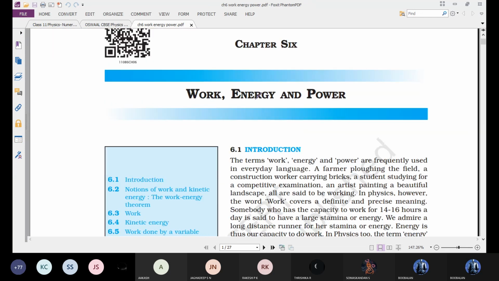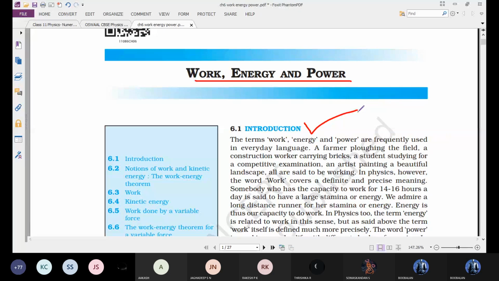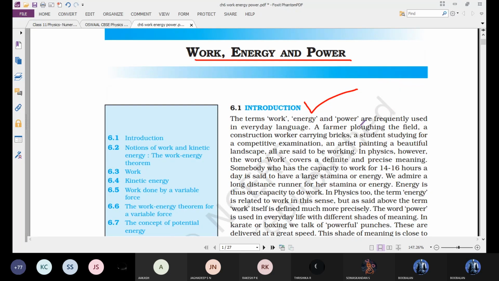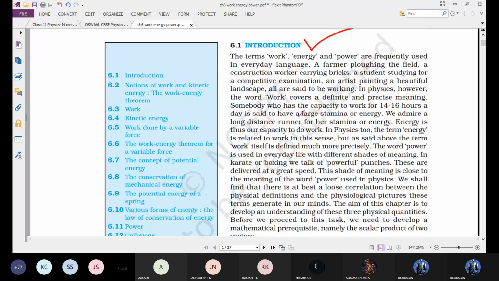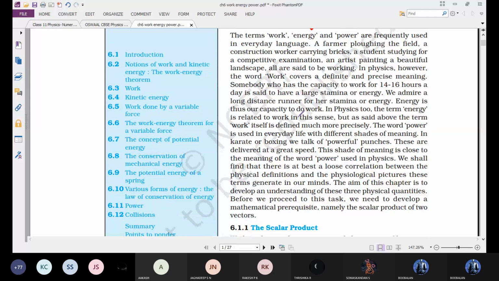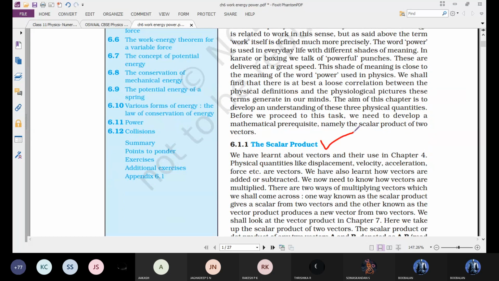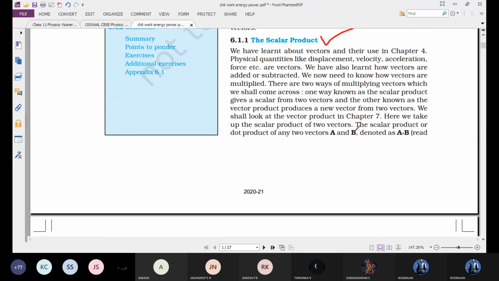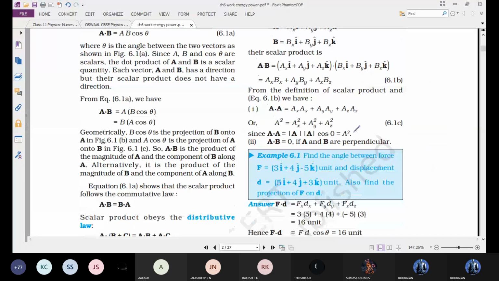Okay. So this is your NCERT textbook, work, energy and the power. The starting introduction part: what is work, what is energy and what is the power, what is the relationship between the three also. So after that, scalar product. So we already completed how to take scalar product and the properties of scalar product.